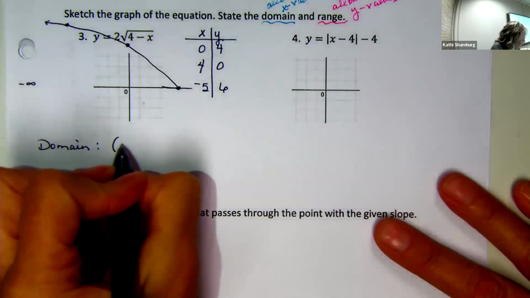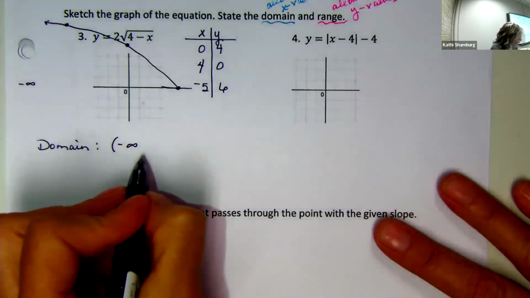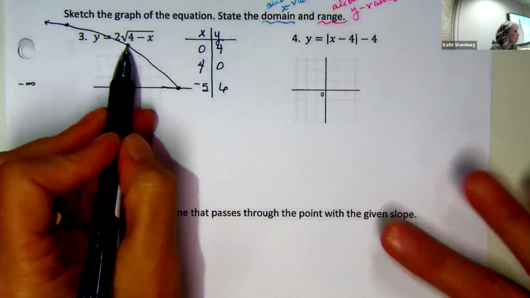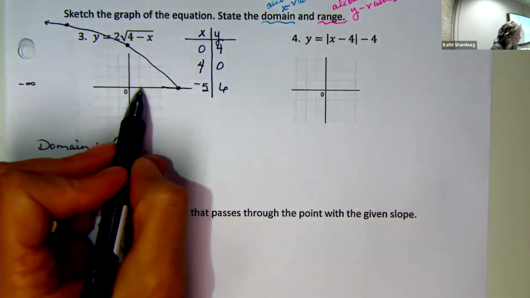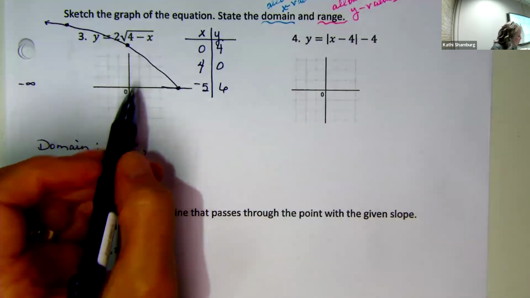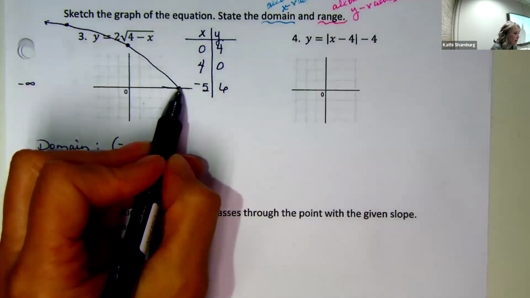So I know it starts at negative infinity. And then at 0, I can go up and still get to my graph. When x is 1, I can still go up and get to my graph. All the way over to 4, I am on the axis and I can still get to my graph.